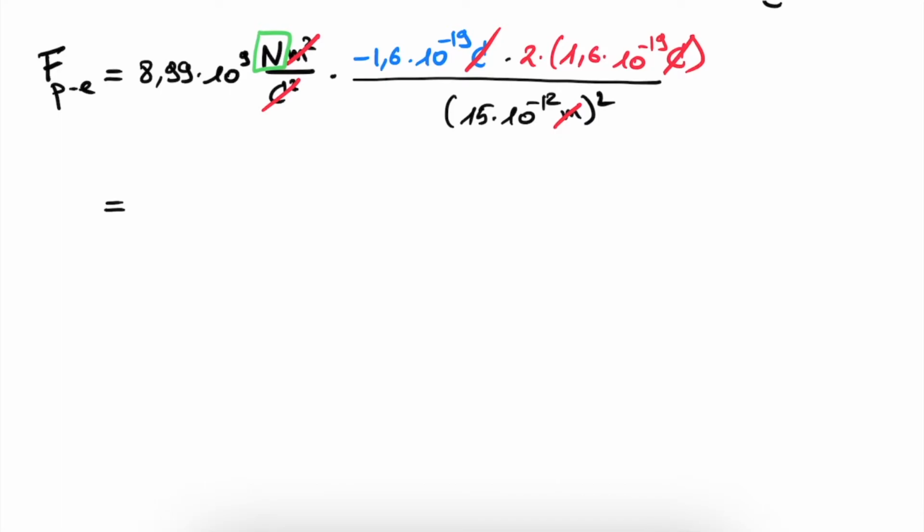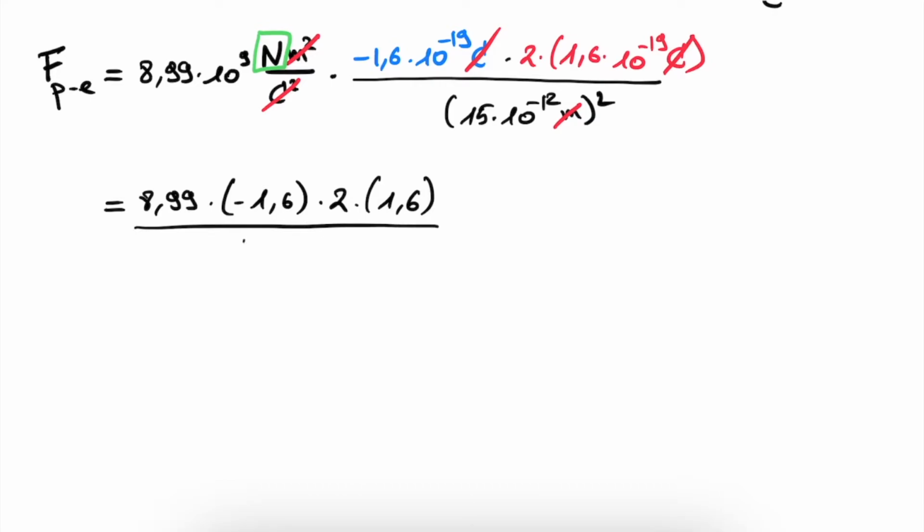Again, using the same tactic of separating the numbers and the powers of 10, we get 8.99 times minus 1.6, which comes from the negative electron, times 2 times 1.6, which is the charge of the positive nucleus, divided by 15 squared, which is the distance between the nucleus and the electron.